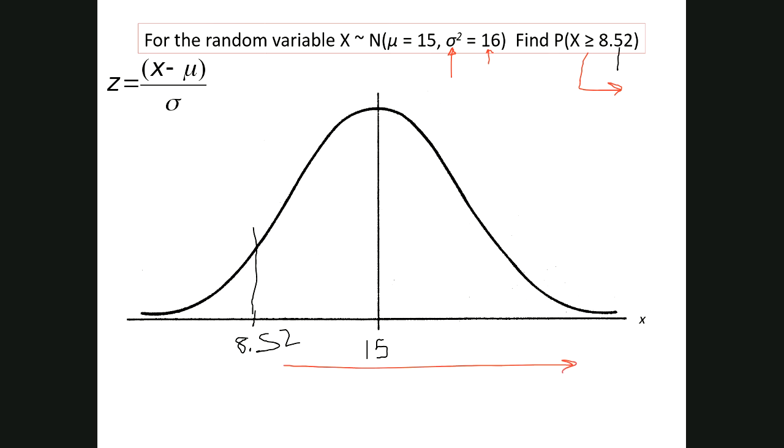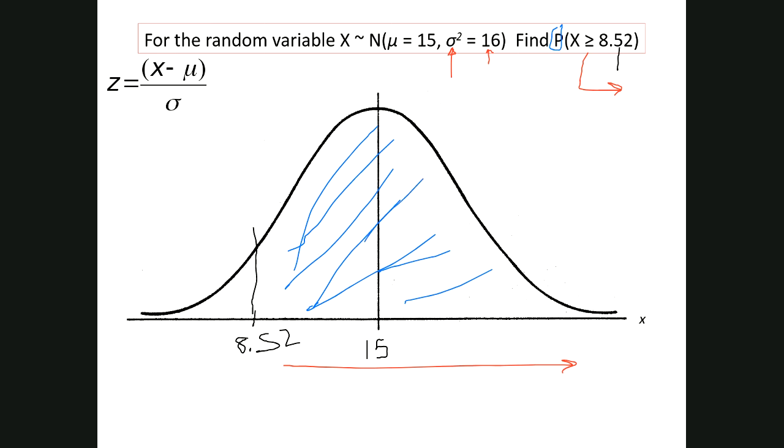And again, the probability is everything that's under this curve that's above 8.52. Okay. Now we're going to again use our z transformation.